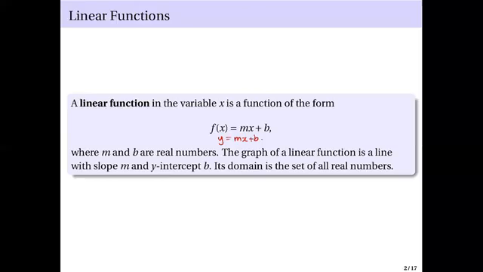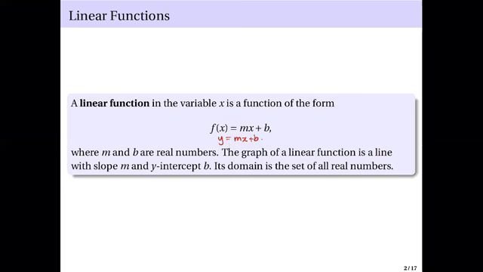And the domain of this linear function is the set of all real numbers, because if you choose any real number x, you multiply it by some real number and add another real number, then you'll just get another real number. So whatever real number you choose, the value y will be defined.